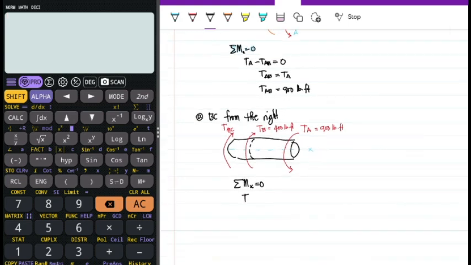The analysis is the same as what we did with the analysis of strain.